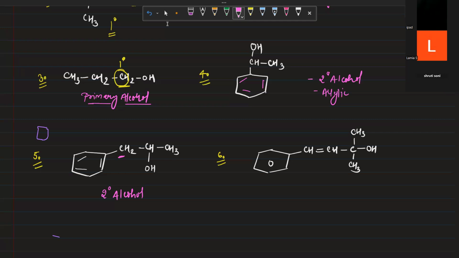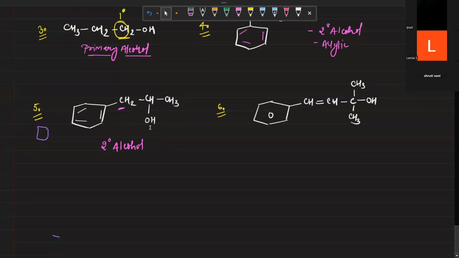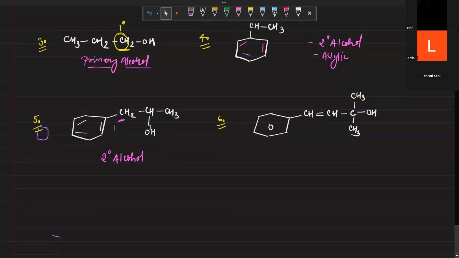Wait, what do you mean? What does that mean? So you are differentiating allylic and vinylic? Oh, okay. So if I gave you this compound, in this case this will be allylic.